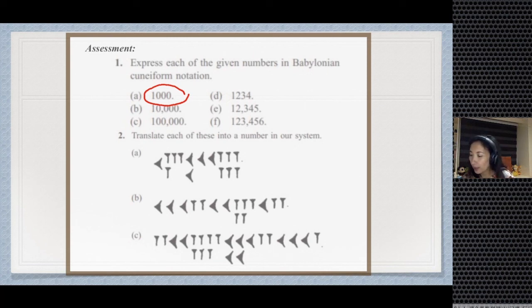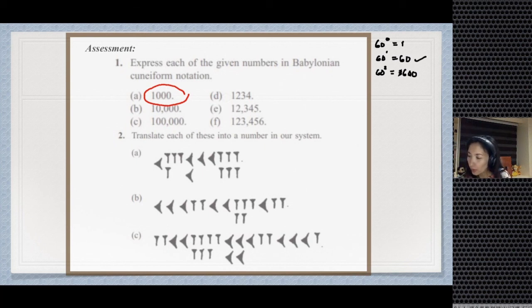First we identify the powers of 60. 60 raised to 0 is equal to 1. 60 raised to 1 is 60. 60 squared is 3,600, which is already more than 1,000. So we have to begin with 60.